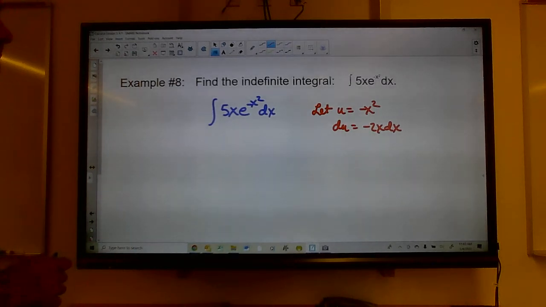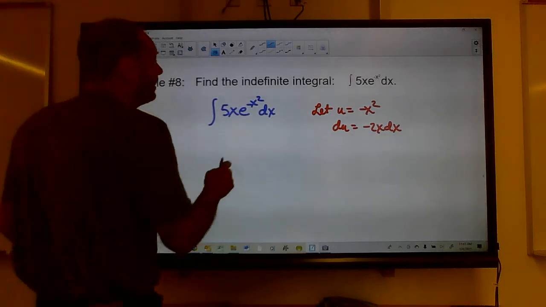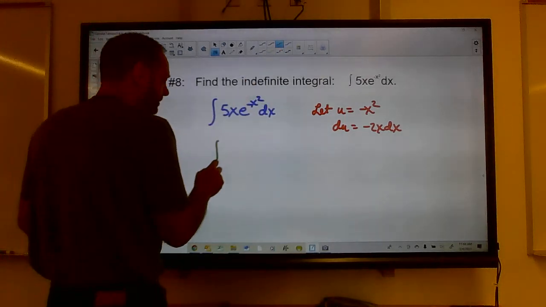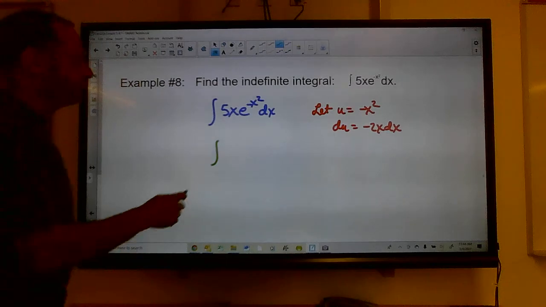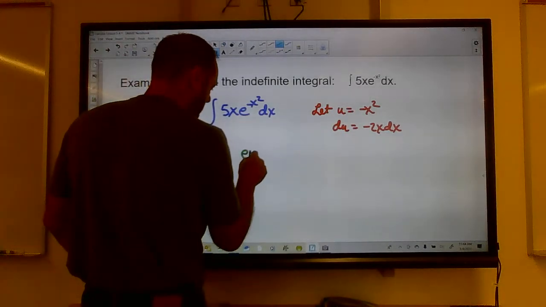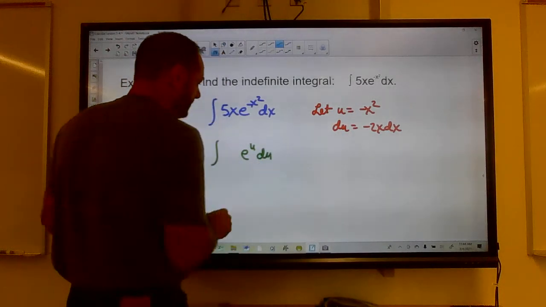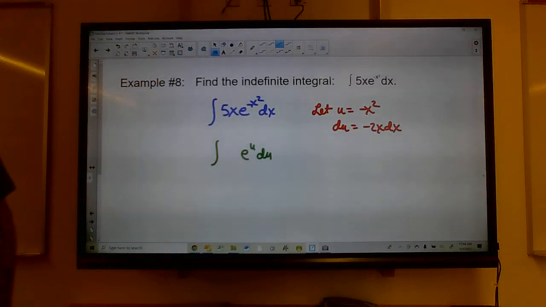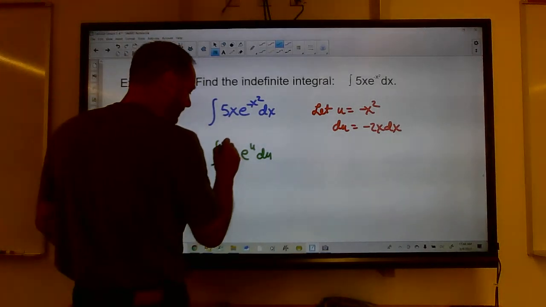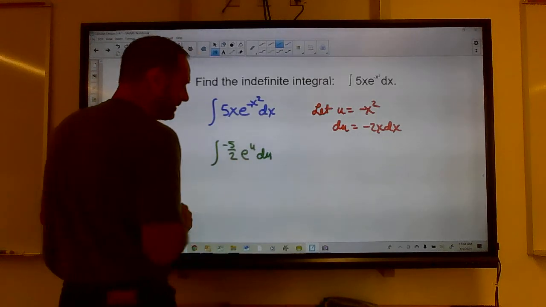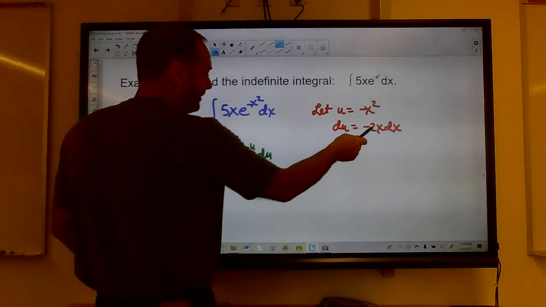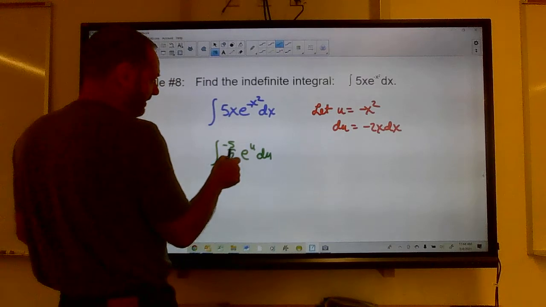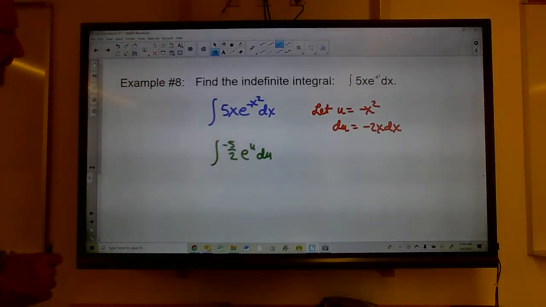So then here's what we're going to write. We've got an e to the u. Du takes care of the x. Now I've got to get something in there to take care of the negative 2 being a 5. So I'm going to put a negative 5 halves in here. Okay? Because negative 2 times negative 5 halves is positive 5. Okay, so we should be pretty dialed in here.